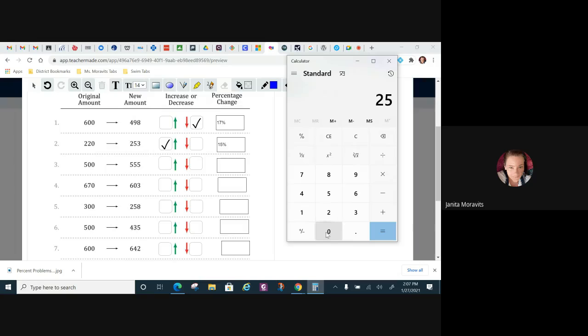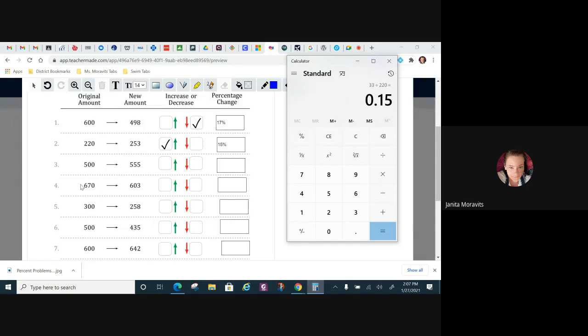When we do 253 minus 220, we still get that same 33, only this time it's not negative. And we take that same 33 and divide it by 220, and that gives us 0.15. Move our decimal 2 places to the right, so it's 15%.